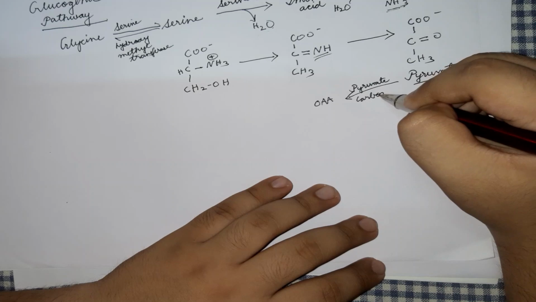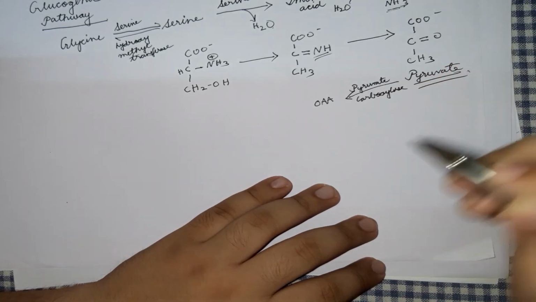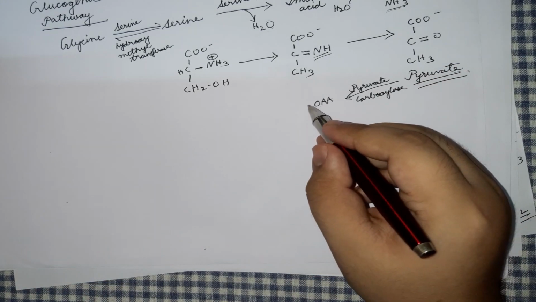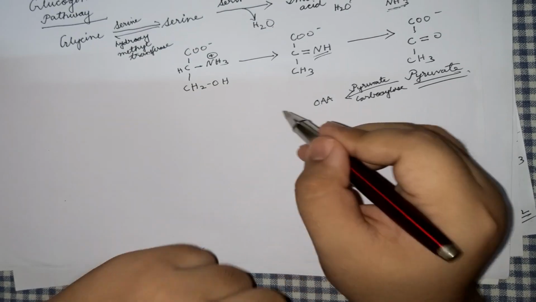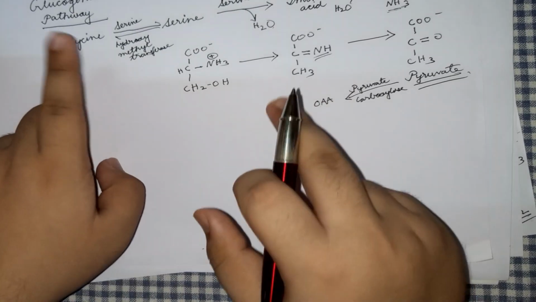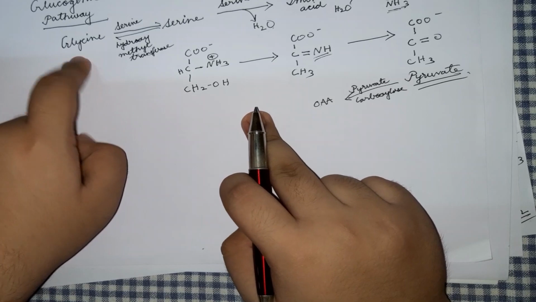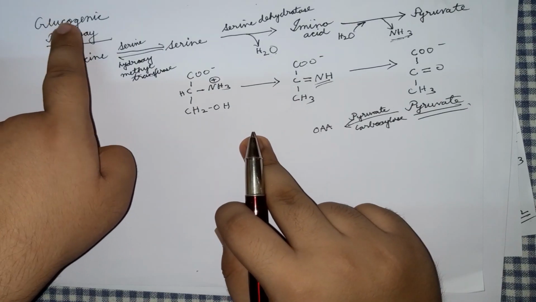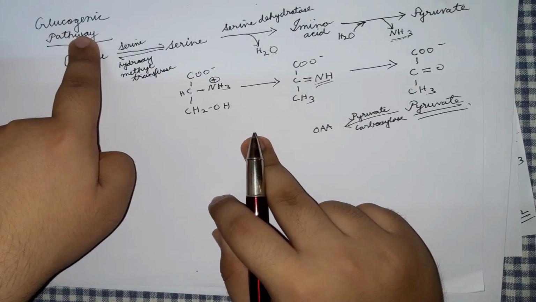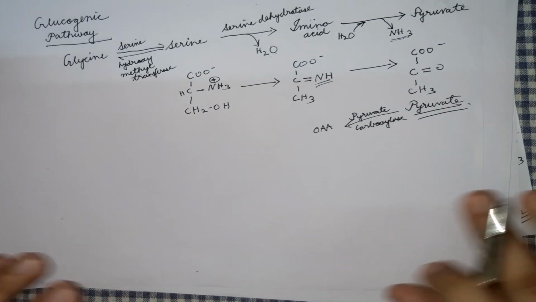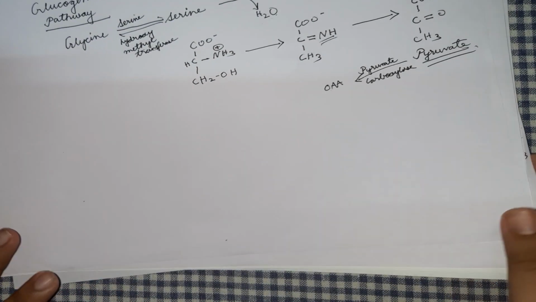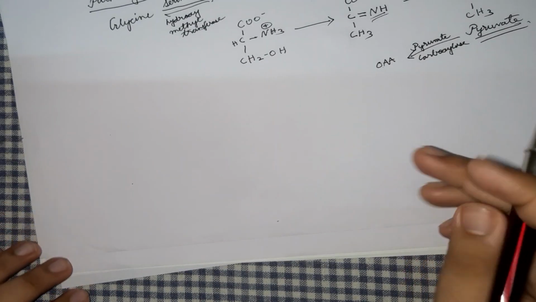And oxaloacetate by the process of gluconeogenesis will form glucose. Hence, from glycine to glucose, we can form that, and hence it is glucogenic pathway, right? So the glucogenic pathway is the first thing that I would have wanted to recommend.